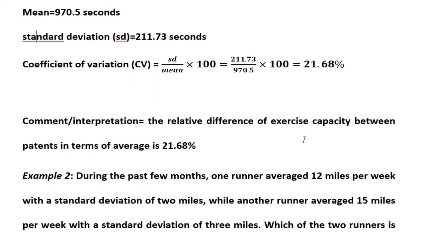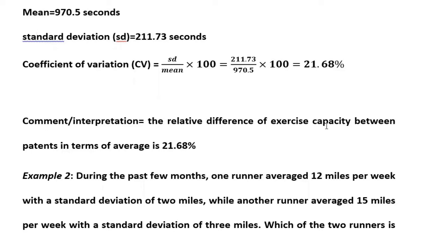The relative difference of exercise capacity of the patients in terms of the average is 21.68%. So the relative difference of data relative to the mean is 21.68%.